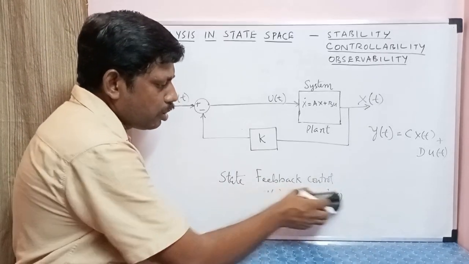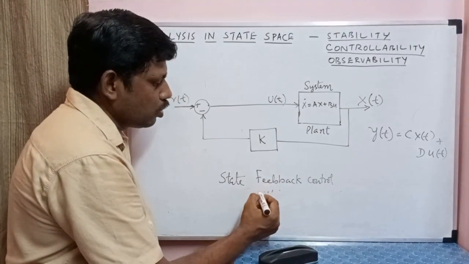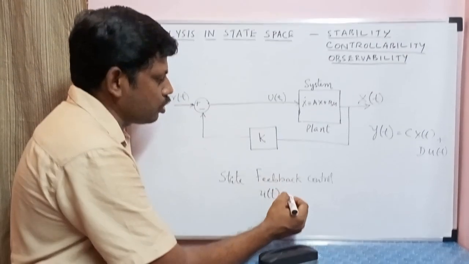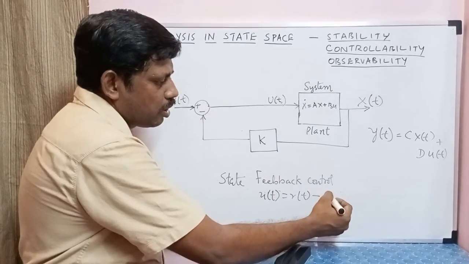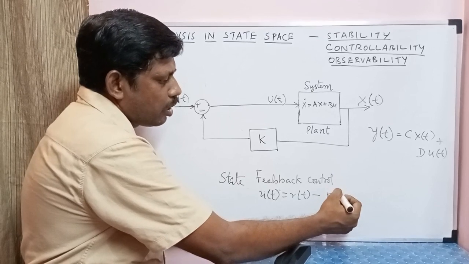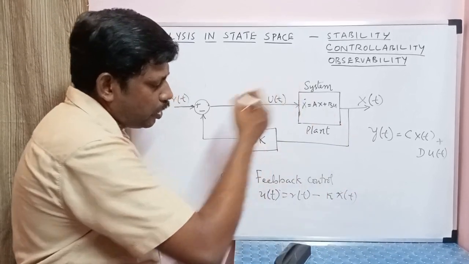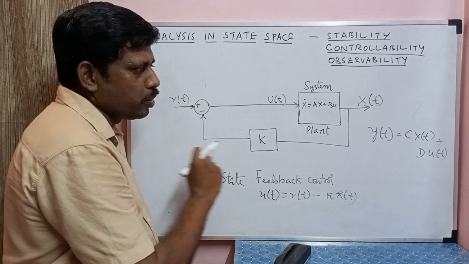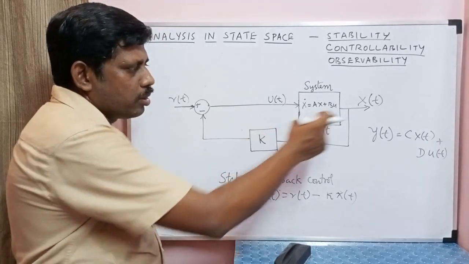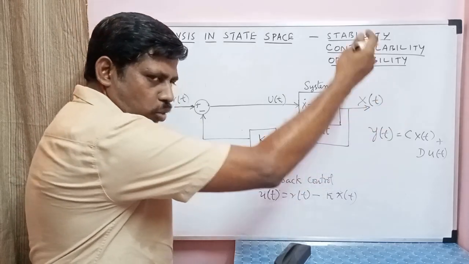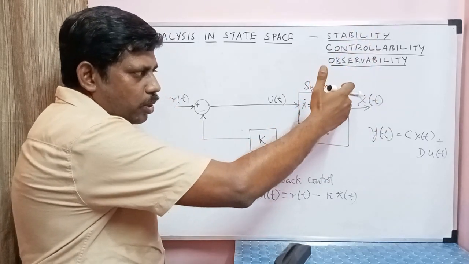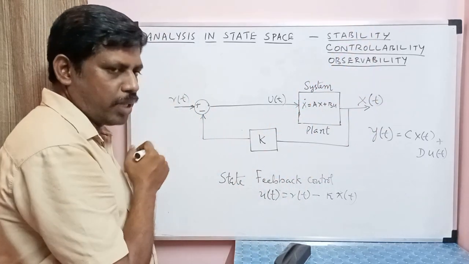And the control law now is u of t is equal to r of t minus k into x of t. Okay. One important thing to be noted here is x of t is not a single variable. It contains x1 to xn, and therefore all the signals have to be fed back.